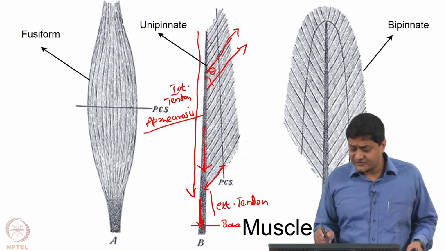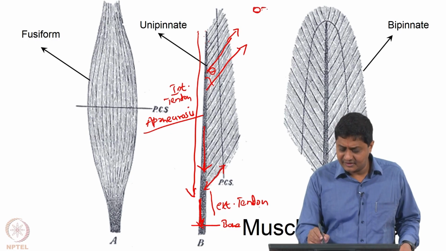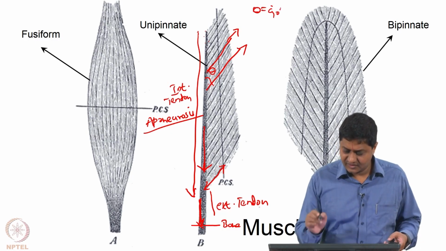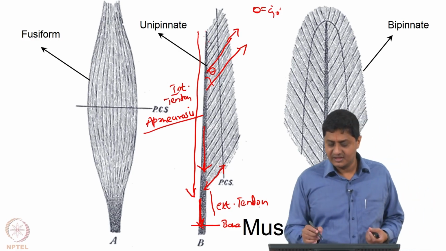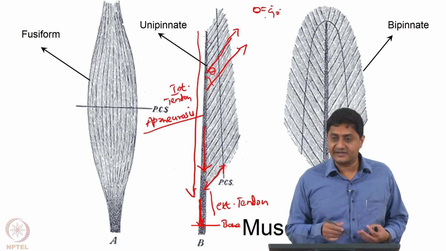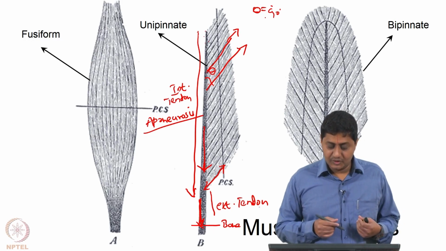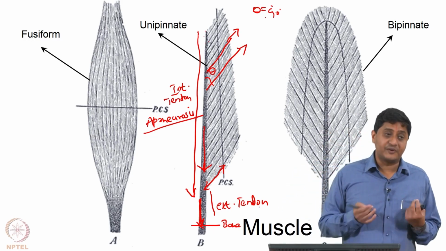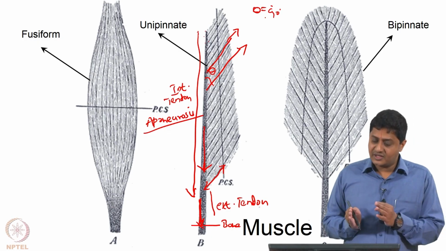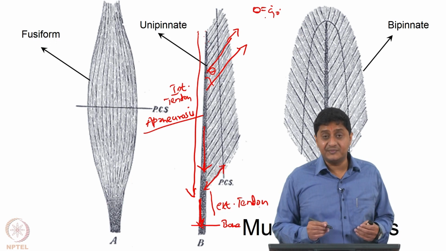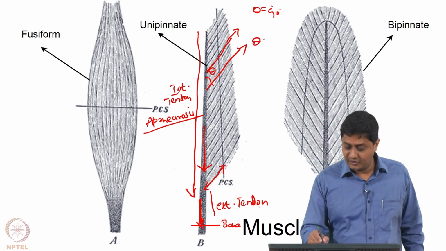For example, if theta is 90 degrees, none of the force will get transmitted to the bone. So, what is preferable is to have theta very small. The ideal case is when theta equals 0 degrees.